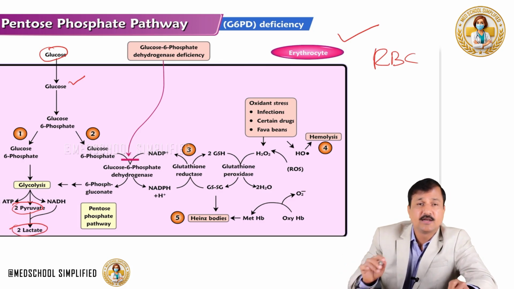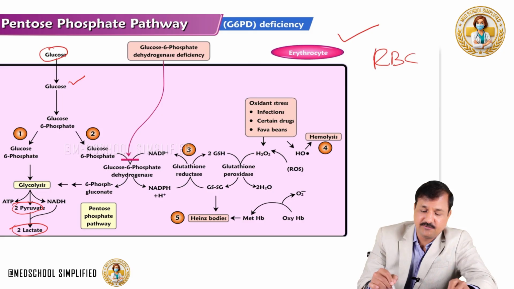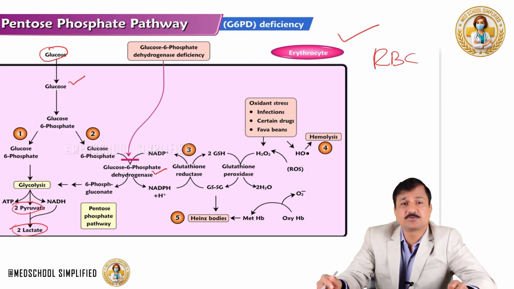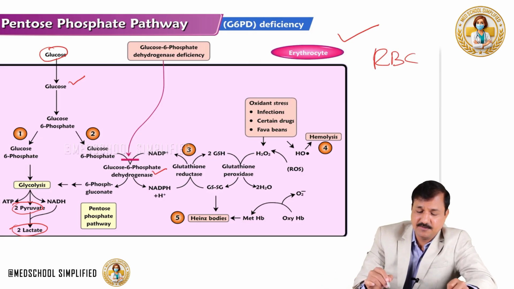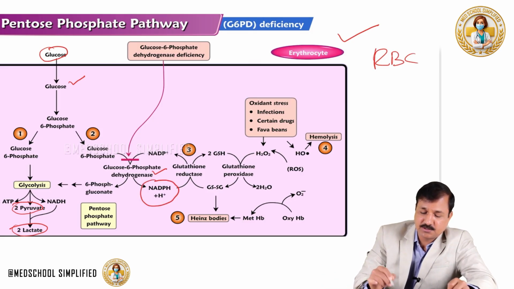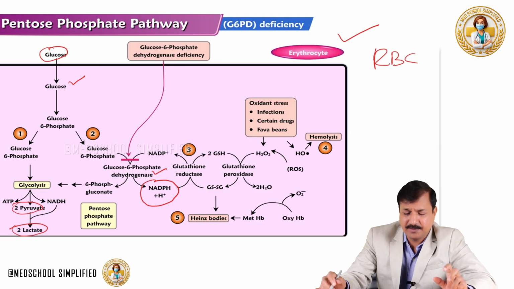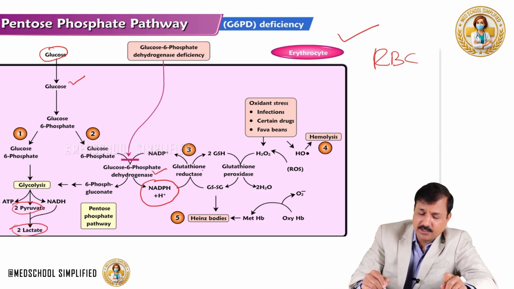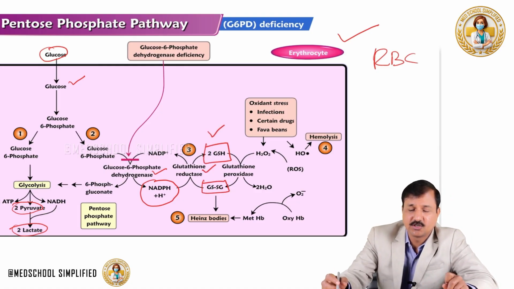That's on one side. Some of the glucose-6-phosphate is diverted into the pentose phosphate pathway, which is done by glucose-6-phosphate dehydrogenase enzyme, making NADPH plus H plus. And this NADPH is used by glutathione reductase enzyme, converting GSSG back into GSH, which is reduced glutathione.